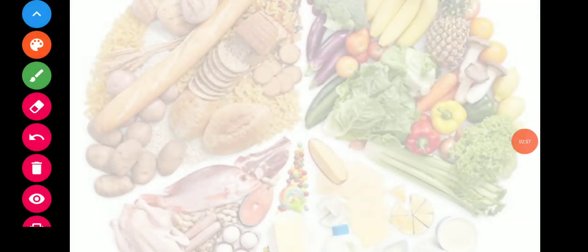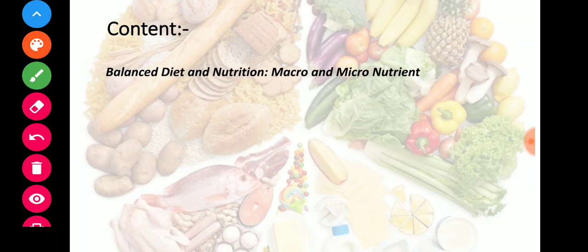Let us start the chapter. Before starting this chapter, I want to tell you what we are going to study in it. We will study balanced diet and nutrition. As the diet has different kinds of chemicals and foodstuffs, it may be bifurcated into 2 categories, that is, macro and micronutrients.